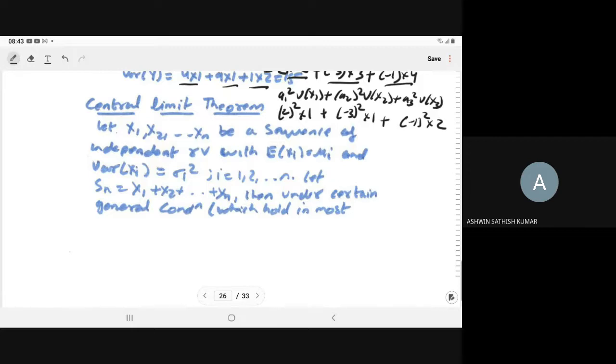Let us define the sum Sn = x1 + x2 + ... + xn, under certain general conditions which hold in most of the cases.